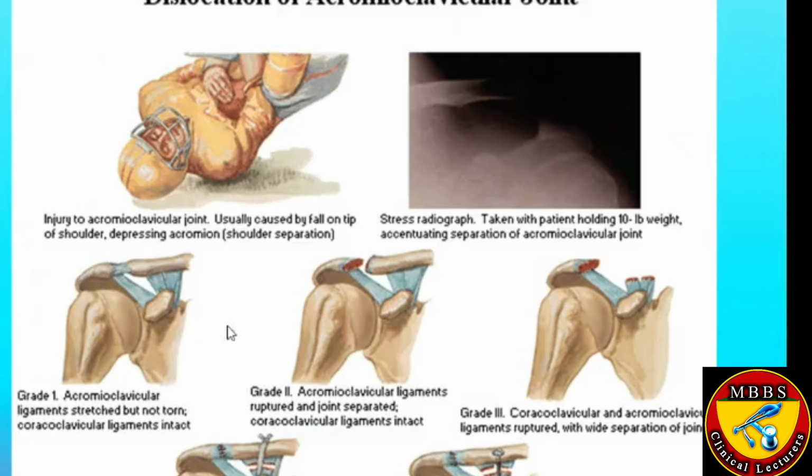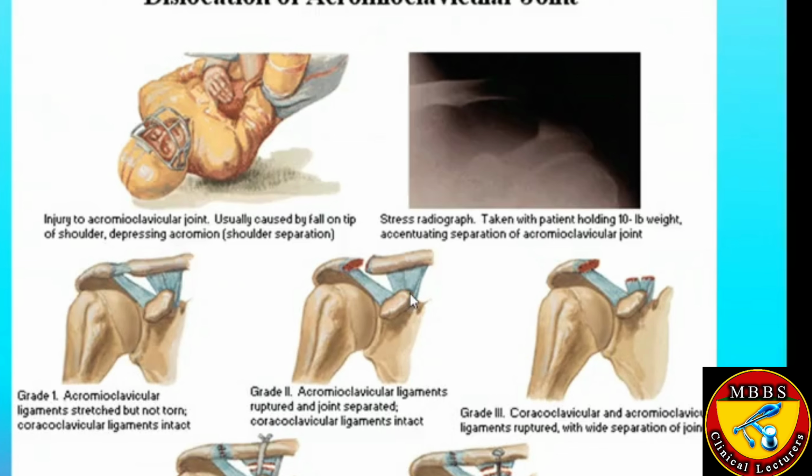In the first grade, the acromioclavicular ligament is stretched but not torn, and the coracoclavicular ligament is intact. In a grade 2 injury, the acromioclavicular ligament is ruptured and the joints get separated, but the coracoclavicular ligament is intact.